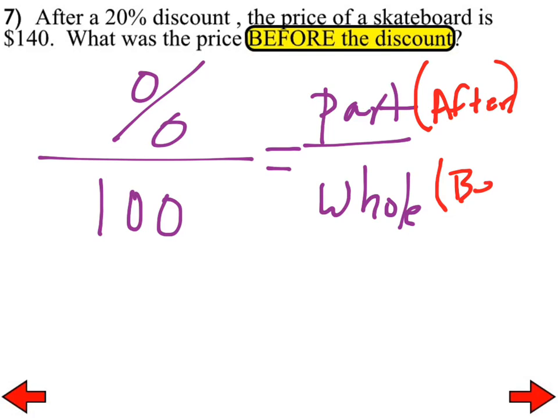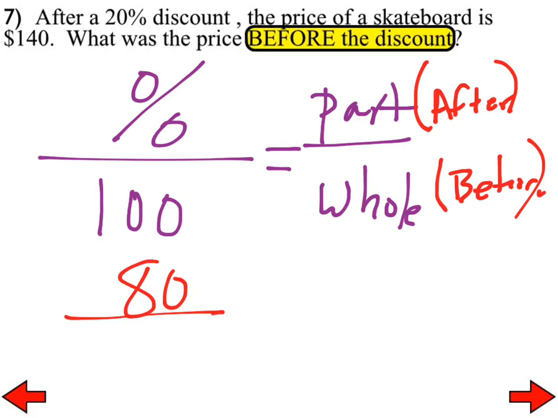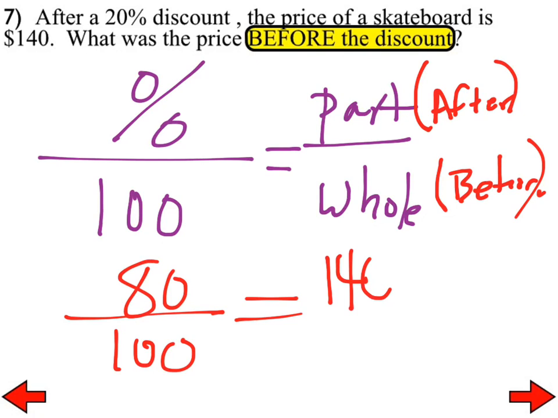This is the price before. So if that's the case, first of all, we have a 20% discount. That leaves 80%. The price of the skateboard is $140. That's after the discount. So those of you who thought the 140 was the whole, that was an incorrect assumption.